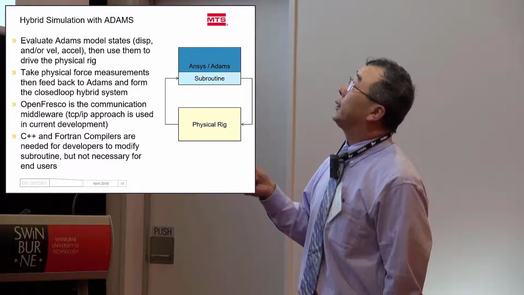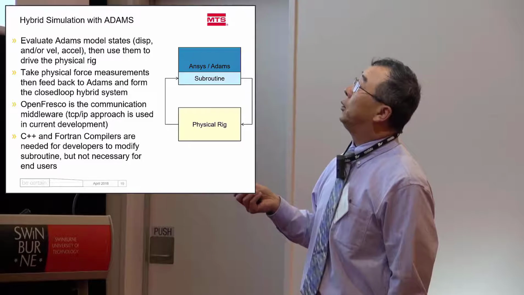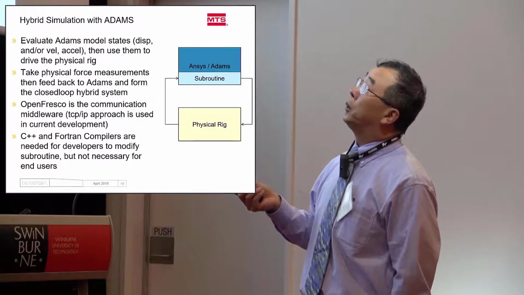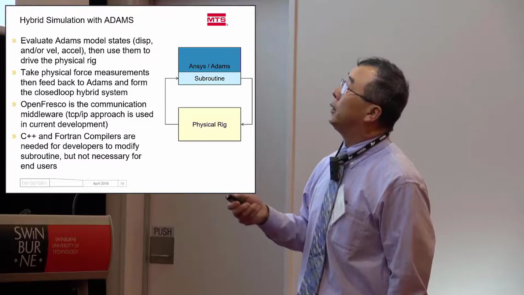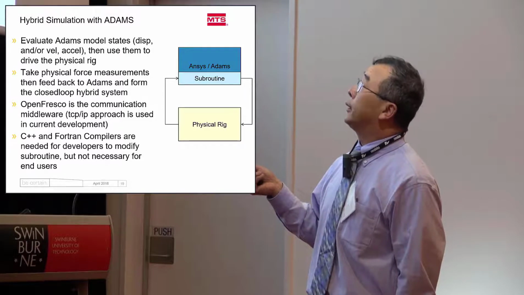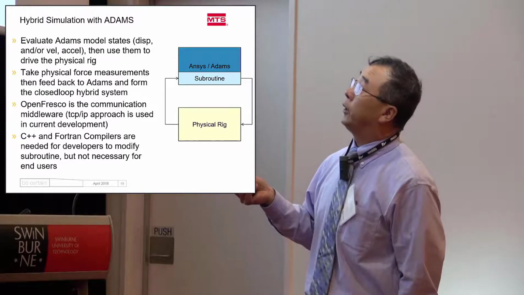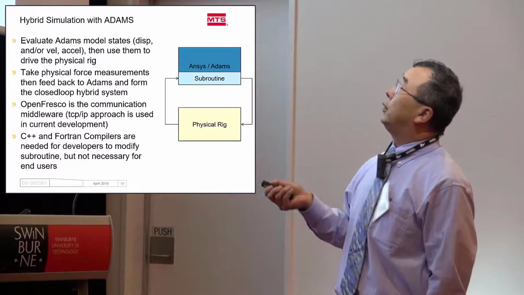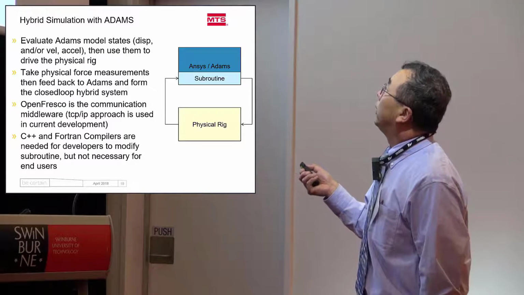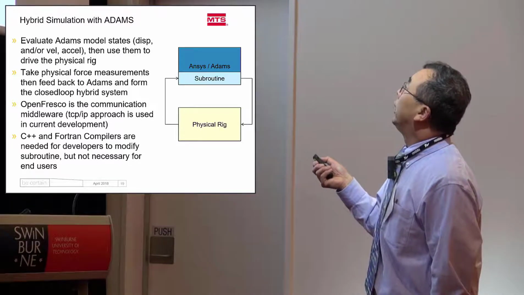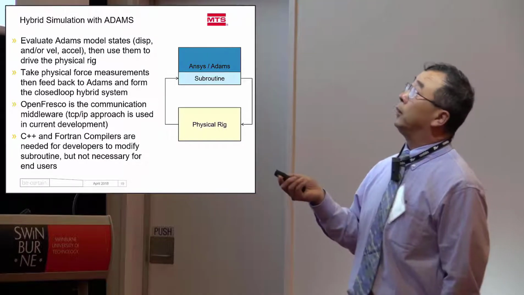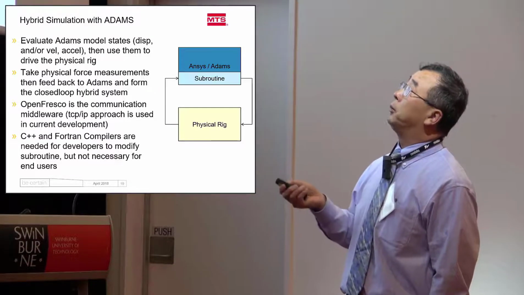So we need to connect Adams with OpenFresco. Same thing, we need to create a generic client element to send out the command to OpenFresco and get feedback from OpenFresco. So Shawn You created this generic client element and put it in Adams. Now we can use Adams to do real-time or pseudodynamic hybrid simulation.